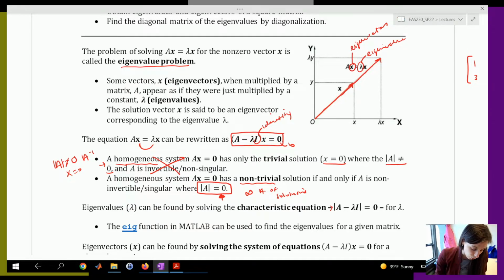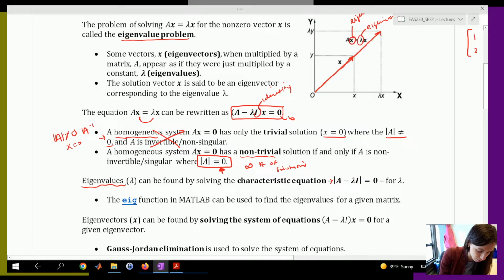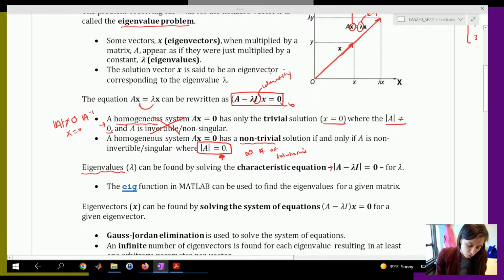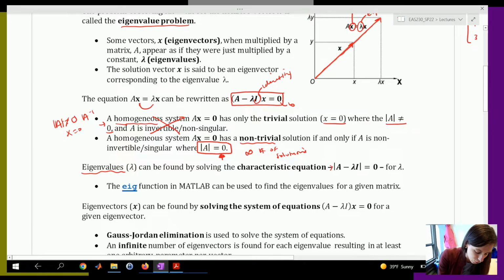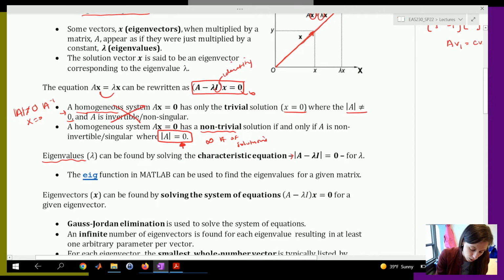The first thing we can find is our eigenvalues, and I'm going to find them by using my determinant. We know that we're only interested in the situation where the determinant is equal to 0. So we look at the system A minus lambda I, x equals 0. This is essentially just A minus another matrix, so it's just a matrix here. I'm going to set this determinant equal to 0.